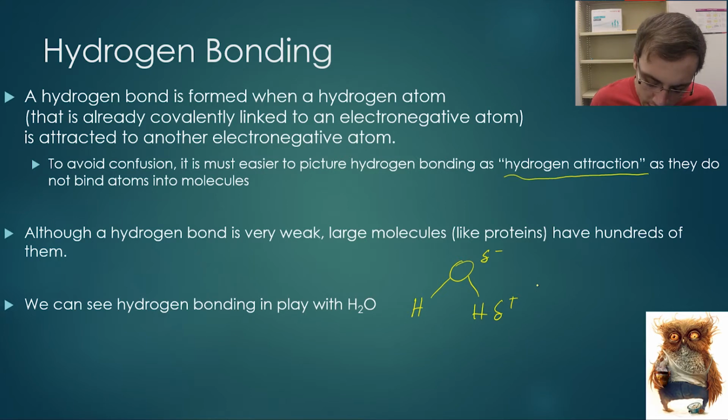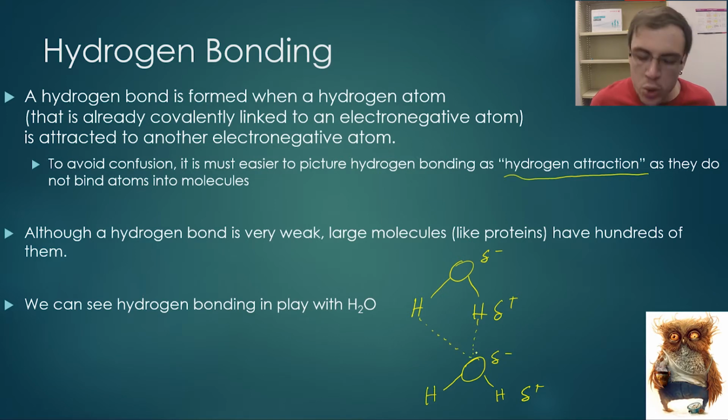Because of that, if I was to have another water molecule down here, these delta positive hydrogens would be attracted to the delta negative portion of the oxygen within this other water molecule. Again, it all comes down to positives and negatives attract. Because this is a positive, this is a negative, they're going to want to come together. And it is for this reason that we form ice, because we have this hydrogen bonding.